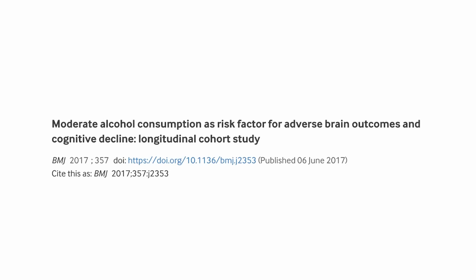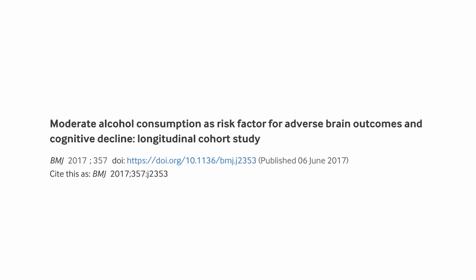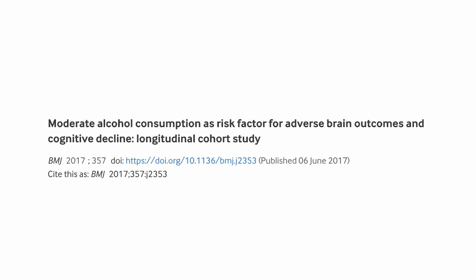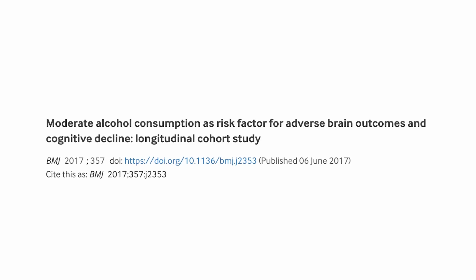But a 30-year analysis published in the BMJ, the British Medical Journal, one of the most prestigious journals in the world, found that even moderate drinking can have similar effects on shrinking your brain.